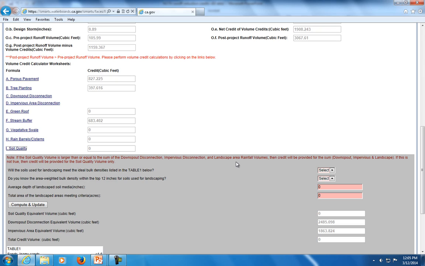So what it's doing is it's looking at the amount of rainfall volume that's going to infiltrate on the spot there, incidental rainfall volume that's infiltrated. So that's what landscape area rainfall volume means.